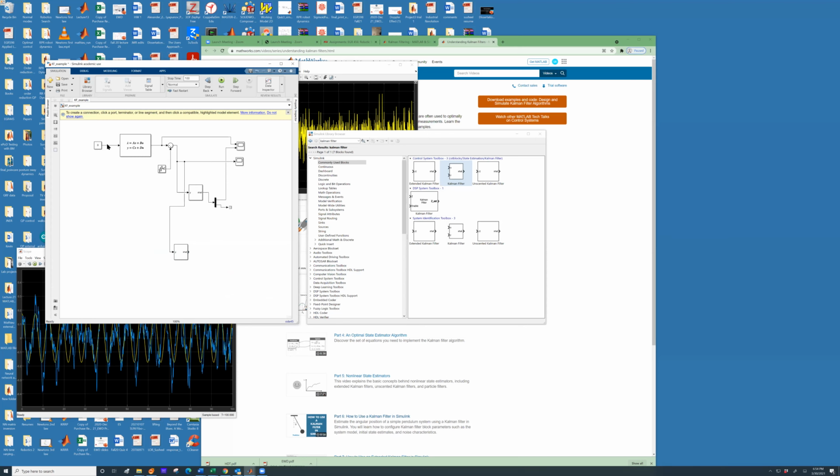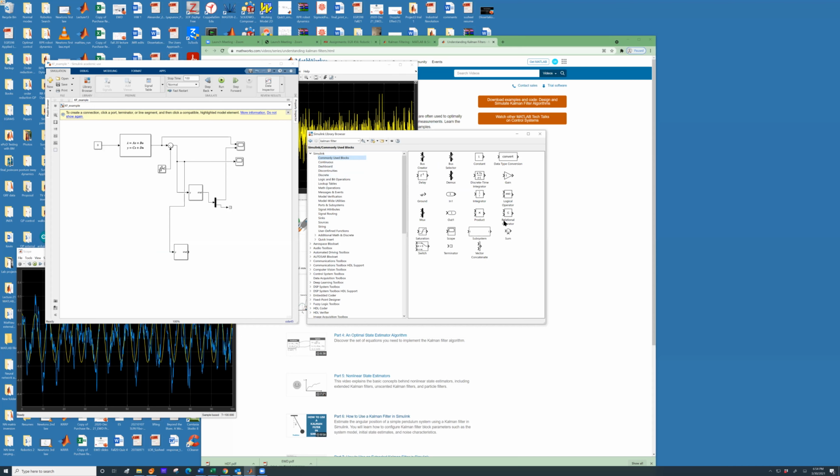You don't have to feed the input. And then you add a scope block here. Now once you run this, you are feeding a noisy measurement.